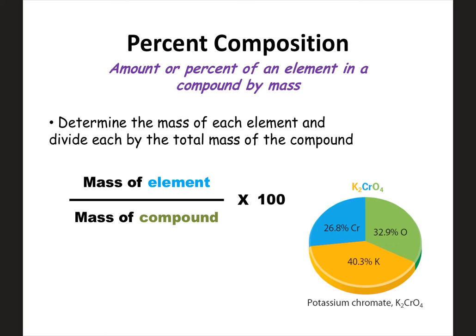The key is anytime you're trying to find the percent by mass or a percent composition, it's just take the mass of what you're looking at, put it over the mass of the entire thing, and times it by 100. This is something you don't want to blow off because you can see it used in problems in some different ways. So just realize when they're asking you for something like that, it's mass of whatever you're looking at over mass of the whole thing times 100.